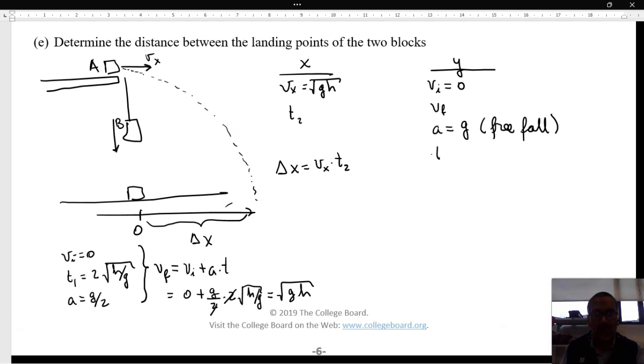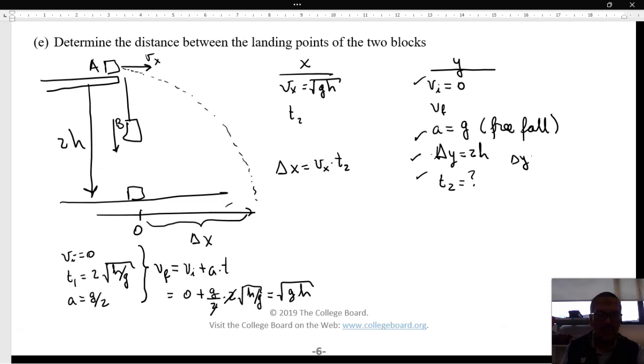We have that the displacement is the whole height of the table, which is 2h. So delta y is equal to 2h, and we want to find the time. The one formula that includes these four variables is number 3.